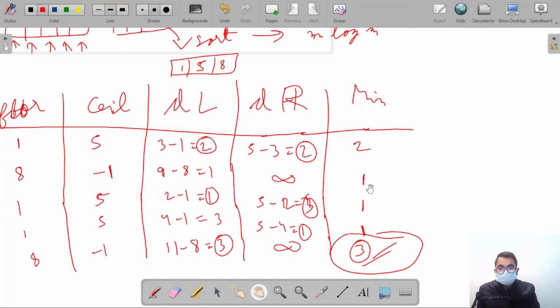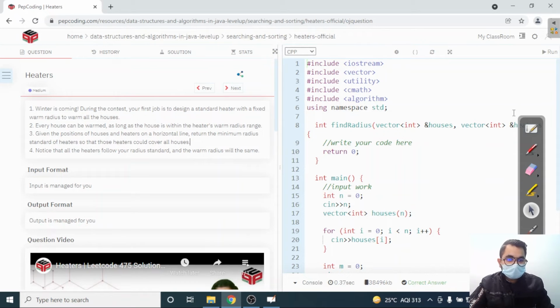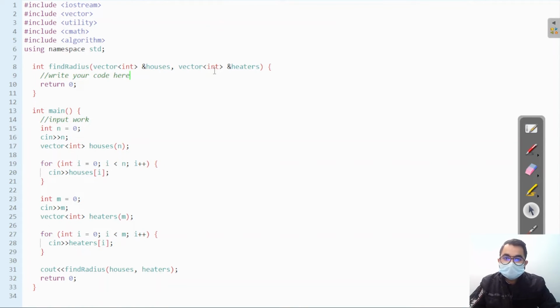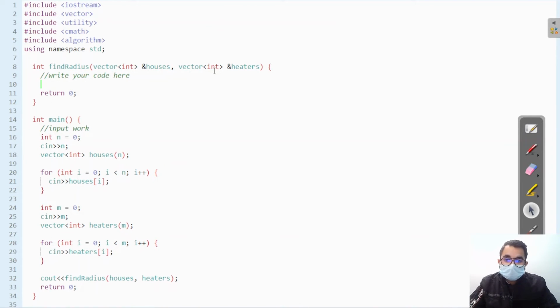Now we are going to code this, and then we will discuss its time complexity. Let's see how we can do this. So the first thing we are going to do is sort our heaters array.